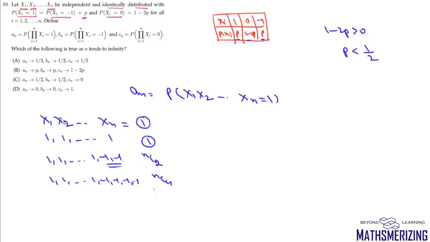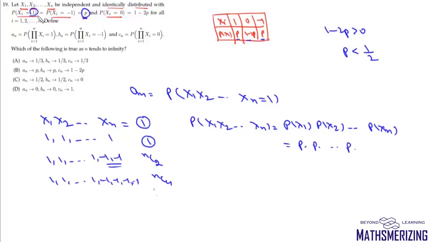Now since all these distributions are independent, in any scenario P(x1, x2 ... xn) will be P(x1) into P(x2) into P(xn). It will be simply p into p into p, n times, because for plus 1 this probability is p and for minus 1 also this probability is p. For each of these conditions this probability will be p to the power n.